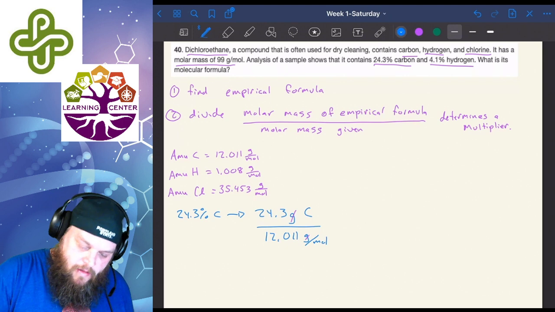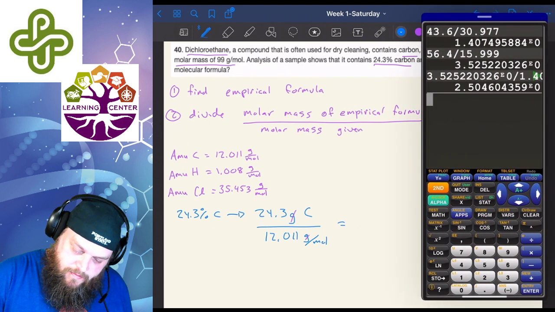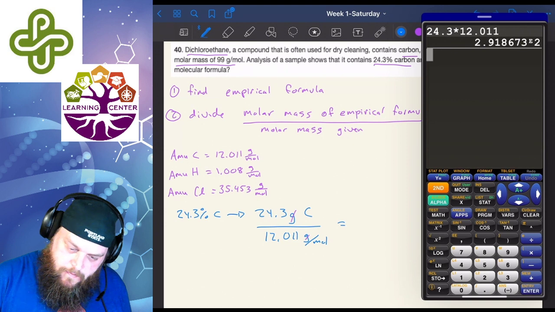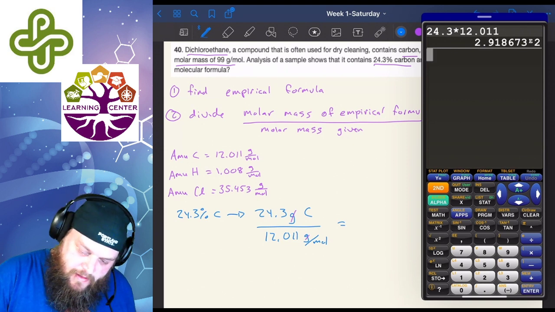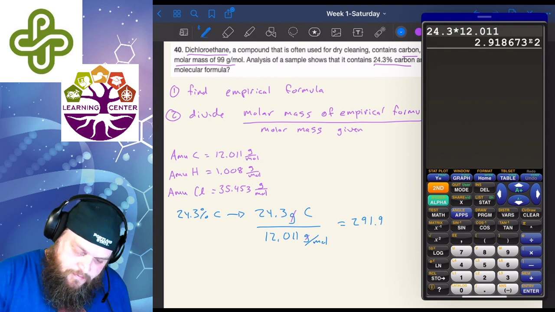We're going to get the moles of carbon. So let's do 24.3 times 12.011. We're going to say that's 291.9. Let's say 292.